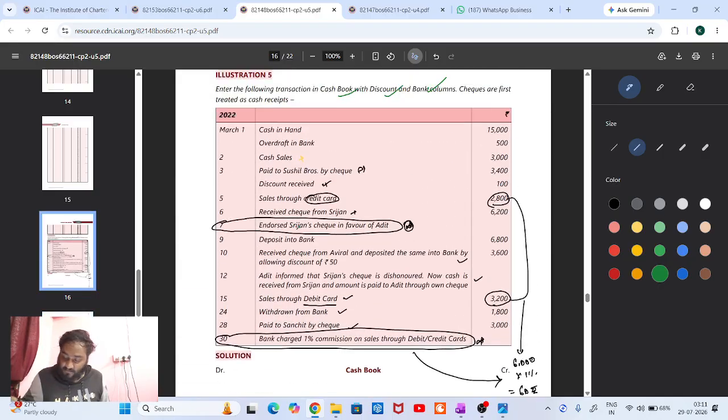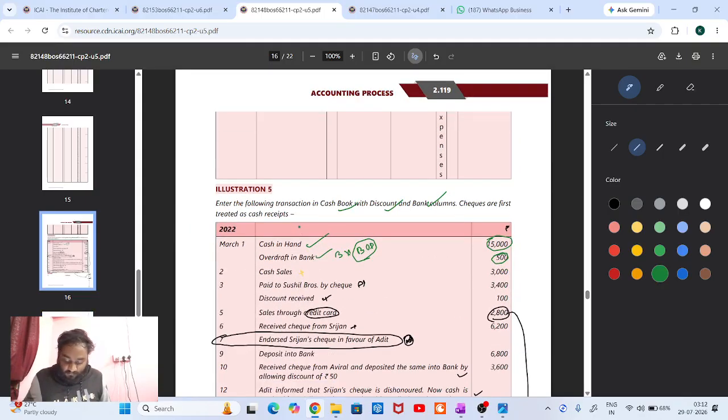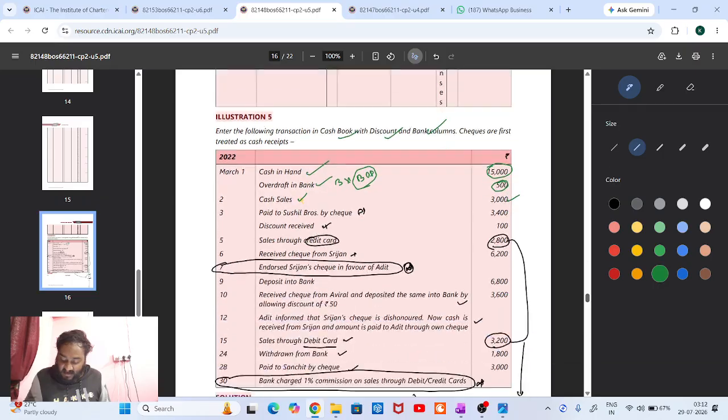It is cash in hand, opening balance 15,000. Bank overdraft 500. Bank overdraft is credit balance. Remember this. Bank overdraft is credit balance. Cash is written, done and dusted.